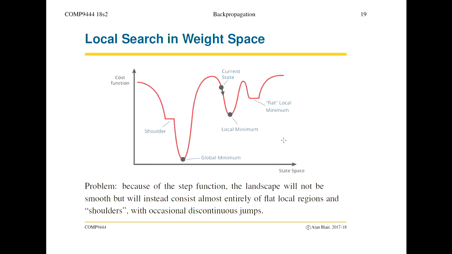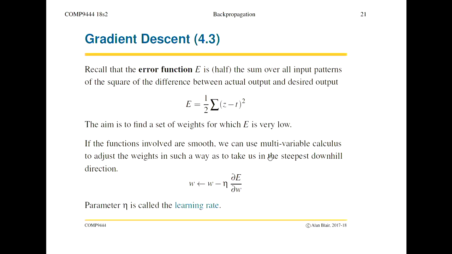If I'm standing in a particular place on this landscape, I can figure out locally which direction I would want to step in order to go downhill as fast as possible. That's called the gradient of the error.